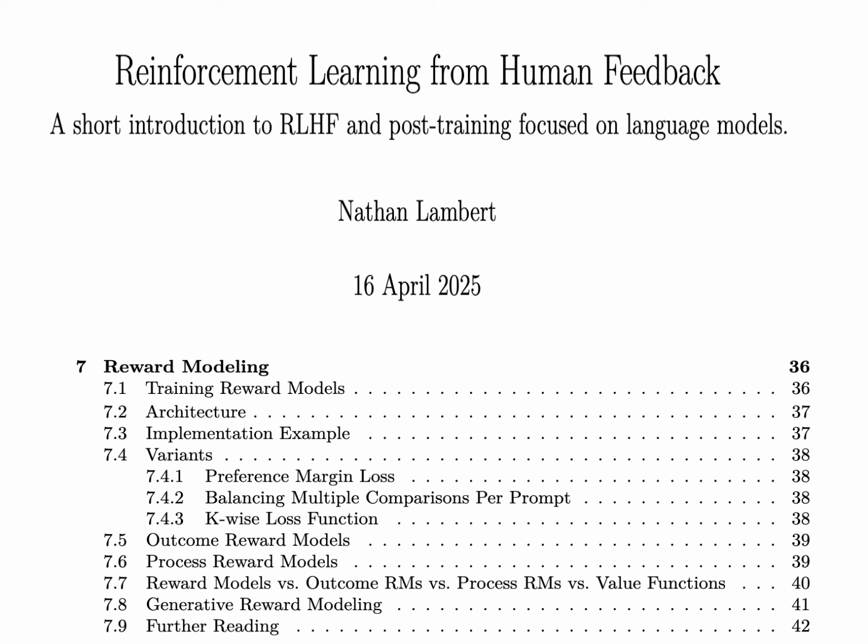7.1. Training reward models. There are two popular expressions for how to train a standard reward model for RLHF. They are numerically equivalent. The canonical implementation is derived from the Bradley-Terry model of preference, SOS, rank analysis of incomplete block designs, the method of paired comparisons, 1952.